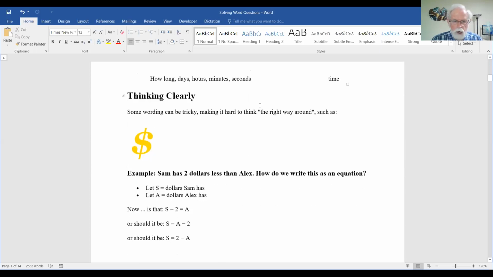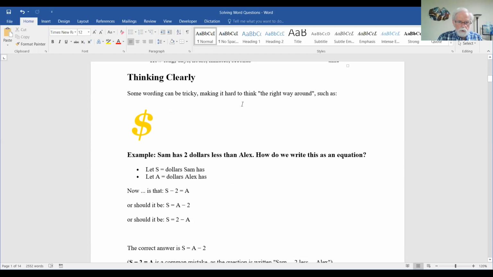Some of the wording can be tricky because it'll be maybe the reverse thinking.